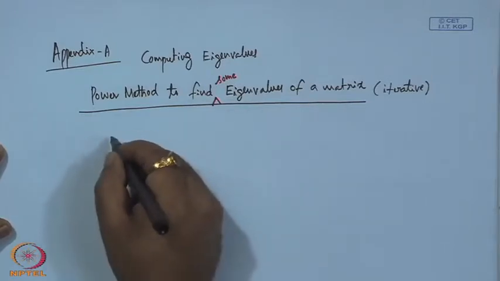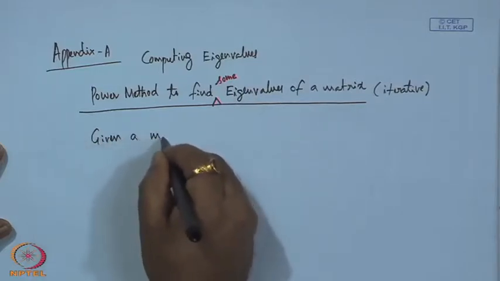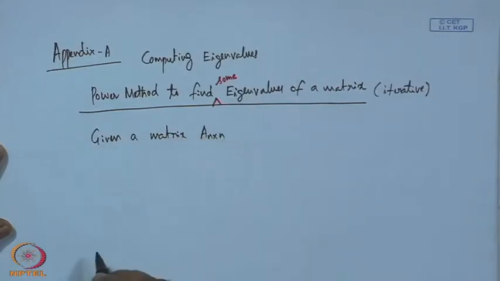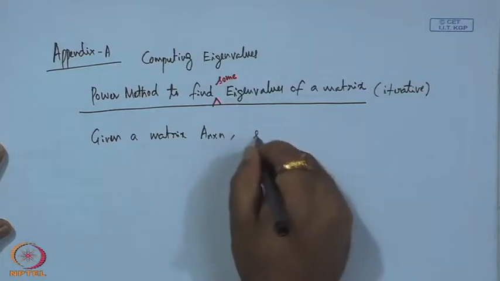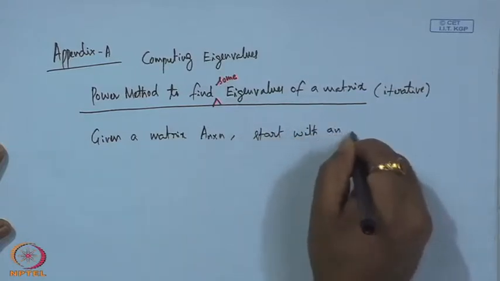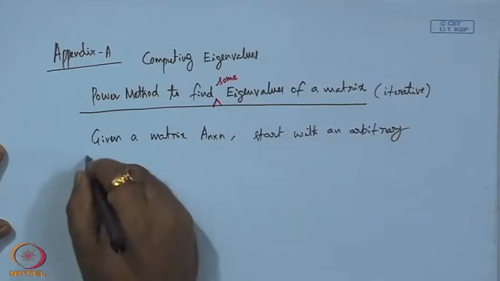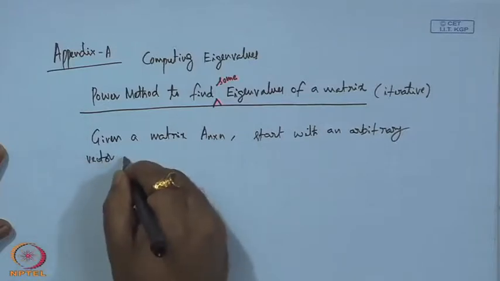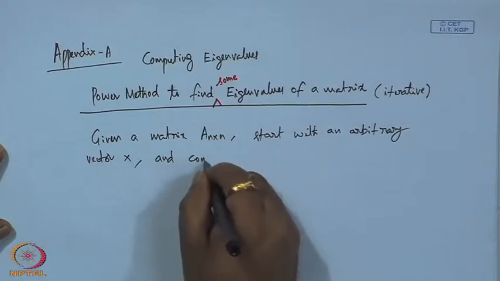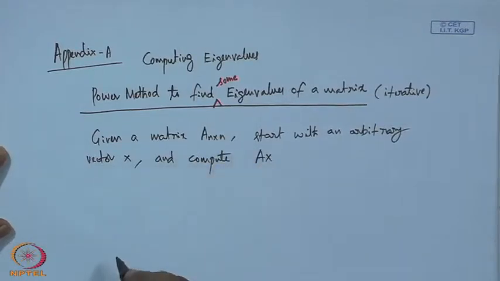So, what is the idea? The idea is, given a matrix A, n cross n, start with an arbitrary vector x and compute A x.